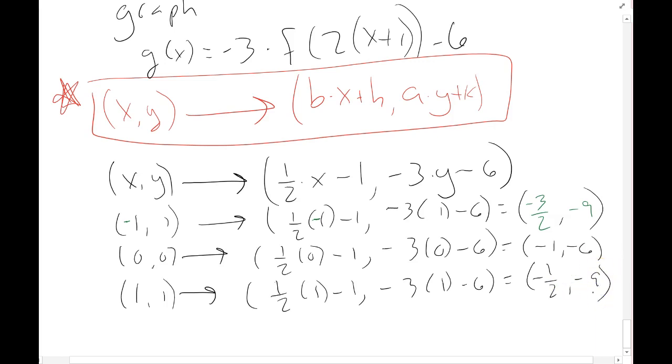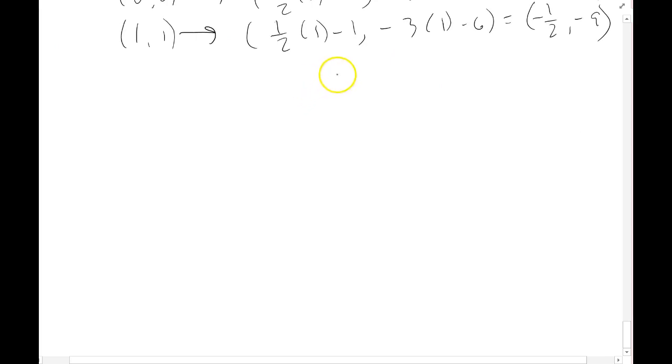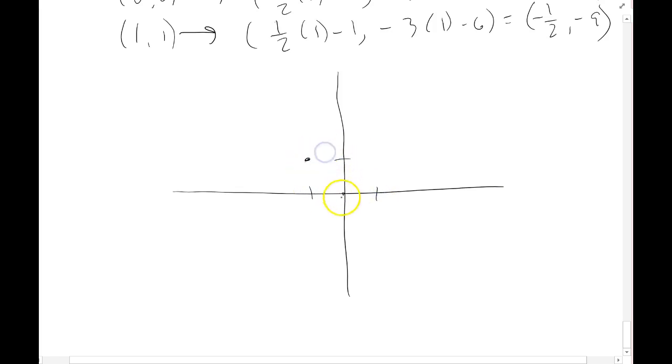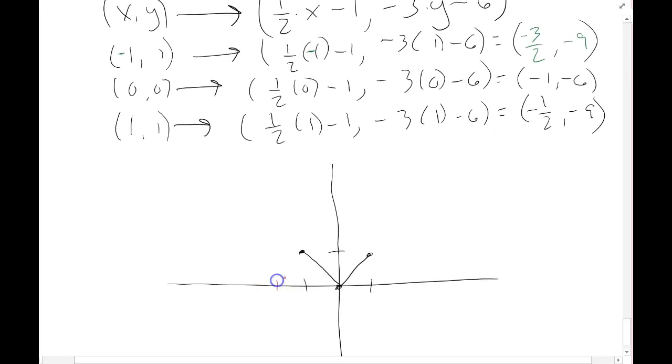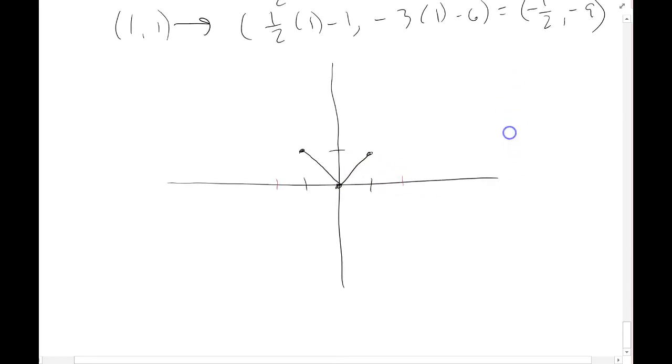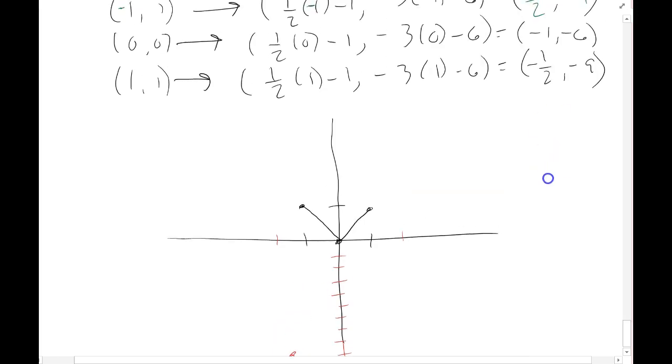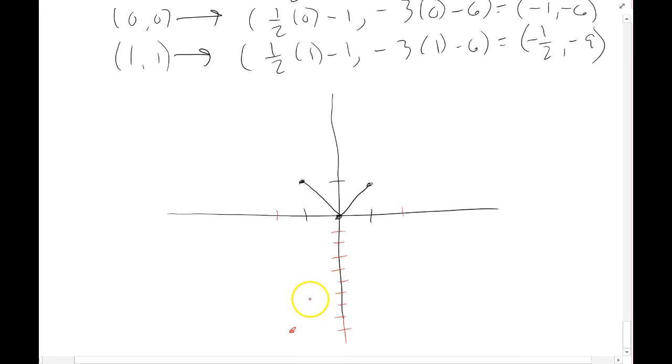Okay, so there's that. So, if I compare this, let's say I graphed f of x. So I had this, this, this, and then I drew the other ones. And then 1, 2, 3, 4, 5, 6, 7, 8, 9. So I have -1.5, -9, so maybe there. I have -1, -6.